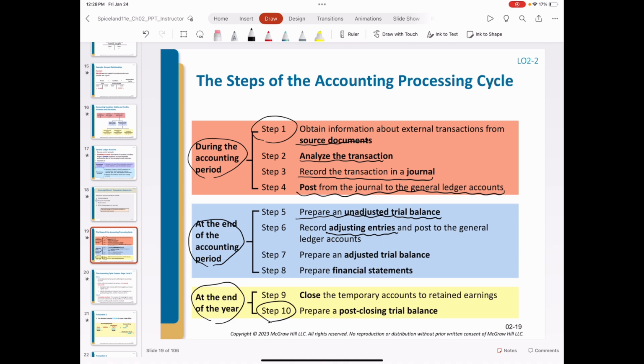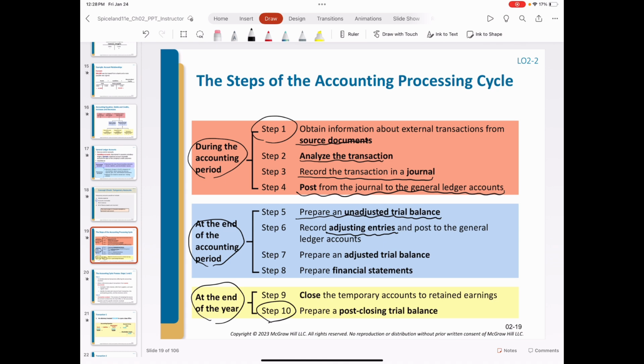After this adjustment, we will also follow step 4, posting the information from these journal entries to the general ledger again. Some accounts in the general ledger may be updated, or you will also see some new accounts appear in the general ledger. They are not from step 3, but step 6. Then we have the balance of each account in the general ledger.